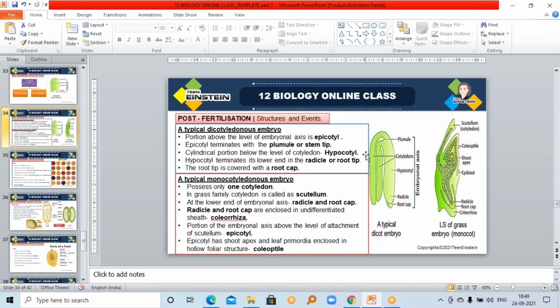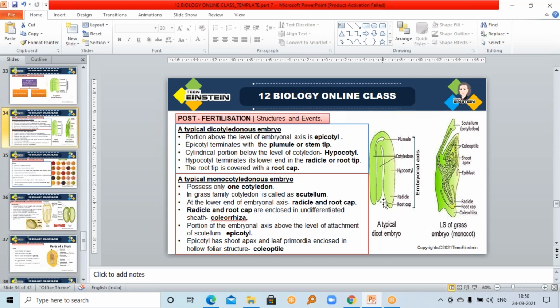The cylindrical portion below the level of the cotyledons is called the hypocotyl, and the hypocotyl terminates at its lower end in the radicle or root tip. This root tip is covered with the root cap. There is a cap-like thing here covering the root tip, and that is called the root cap.